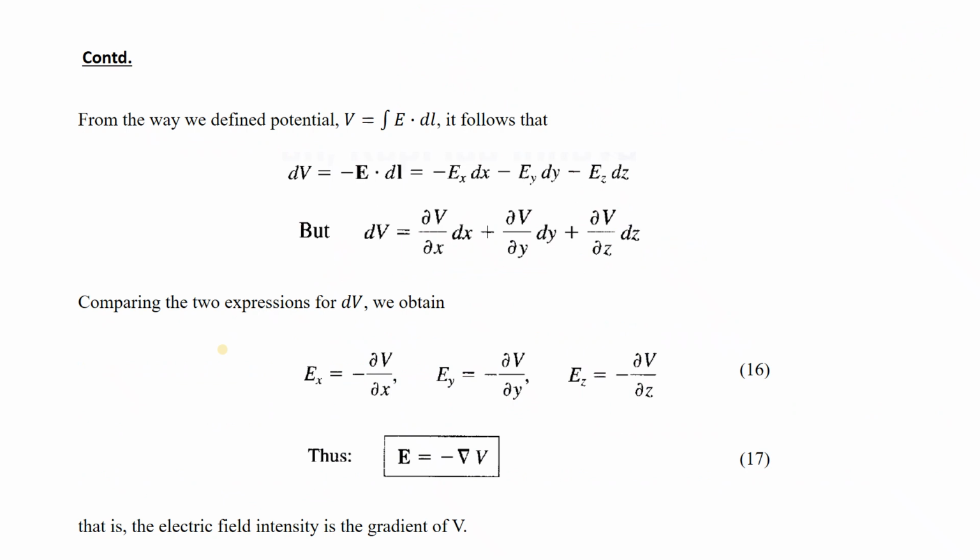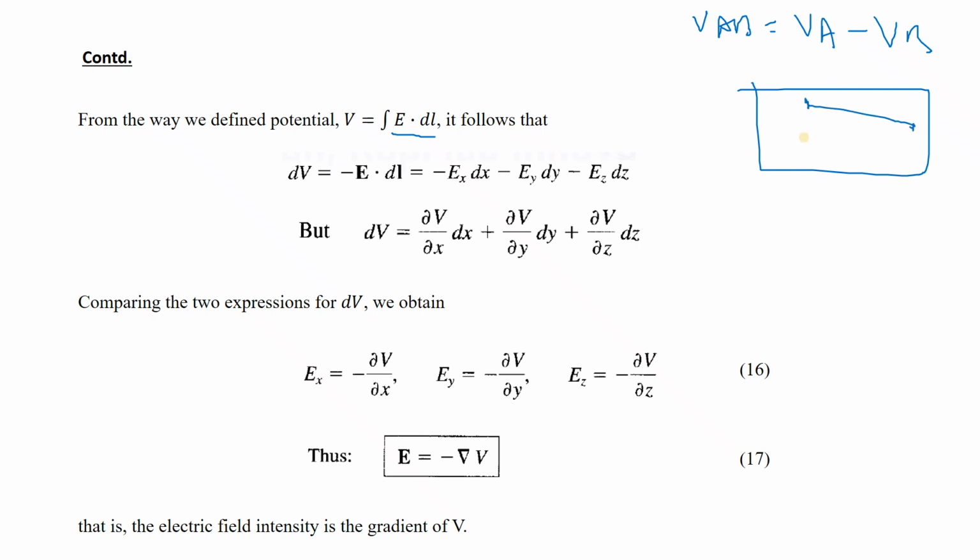So from the way we define the electric potential, we all know it is actually the line integral of E dot dl. That means the potential difference V_AB, that is V_A minus V_B.